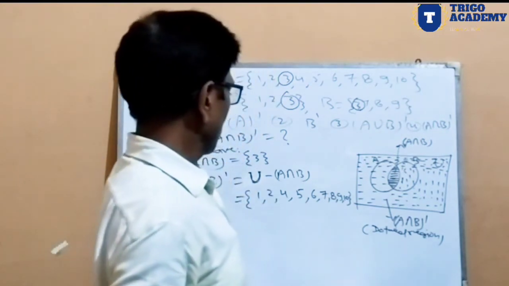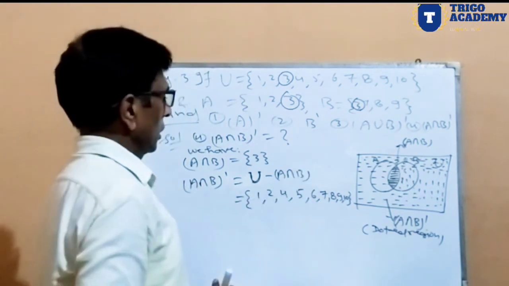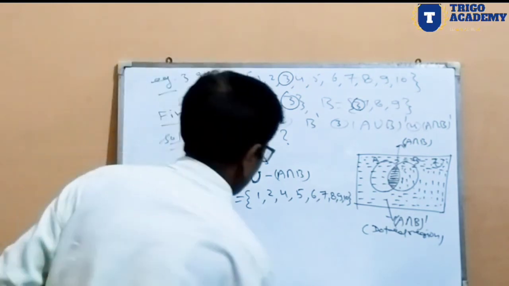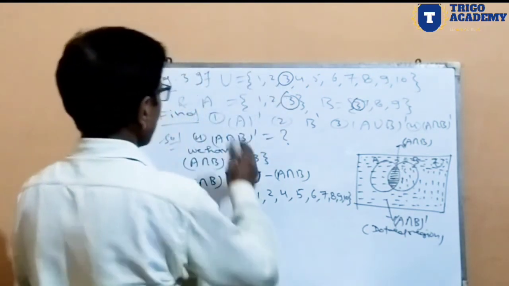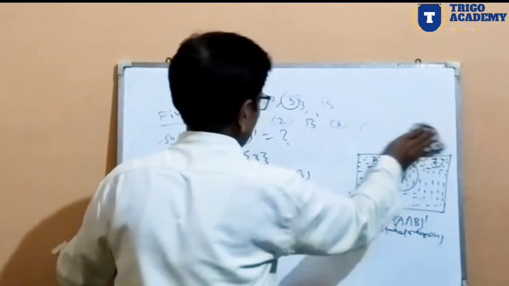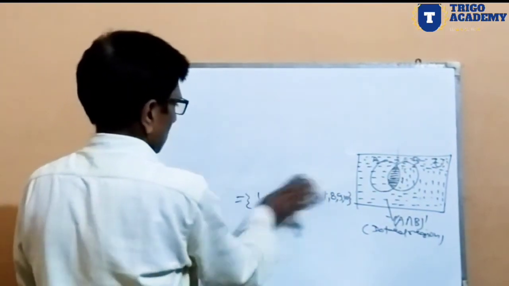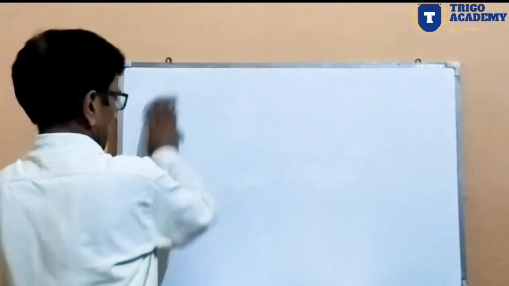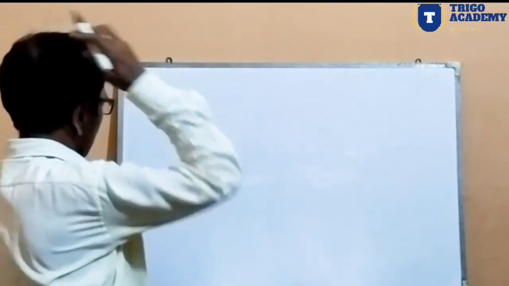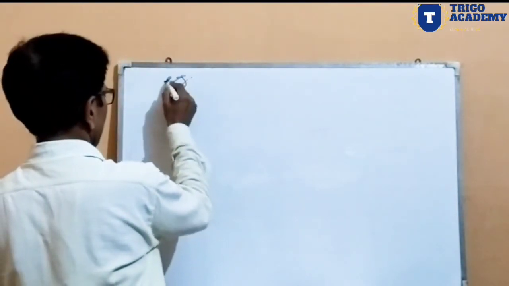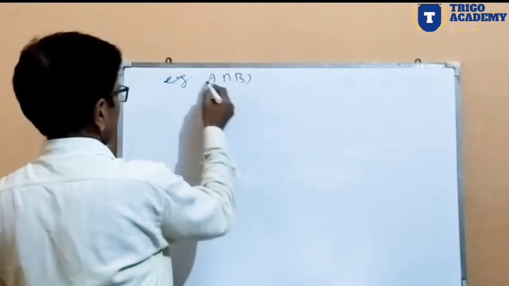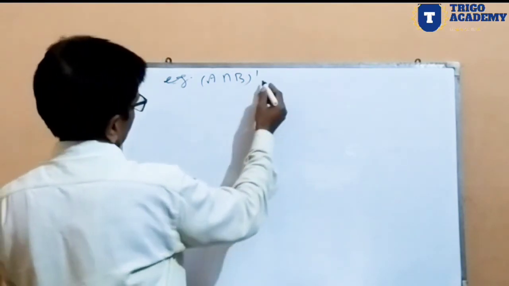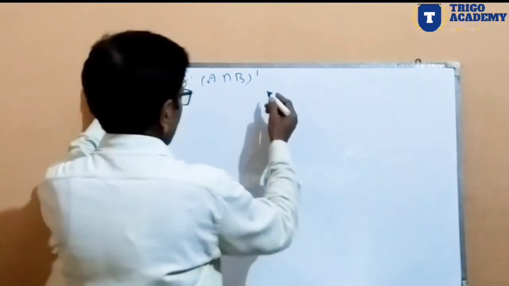It is clear? Now we can take some more examples here. How we represent (A intersection B)' in a Venn diagram.